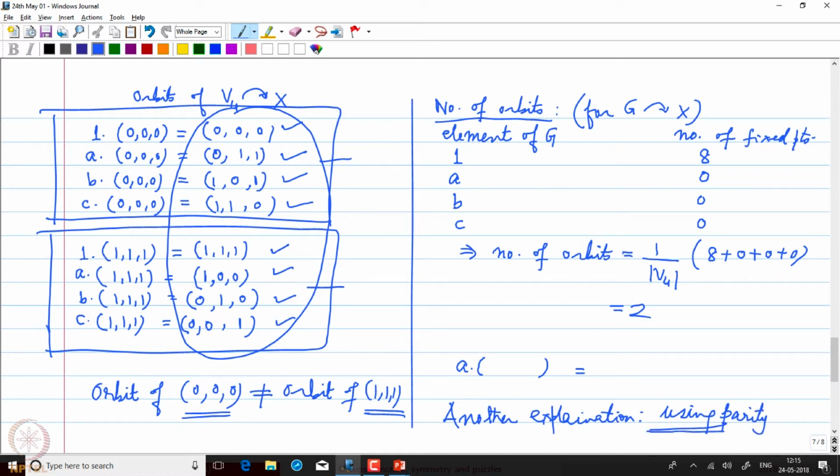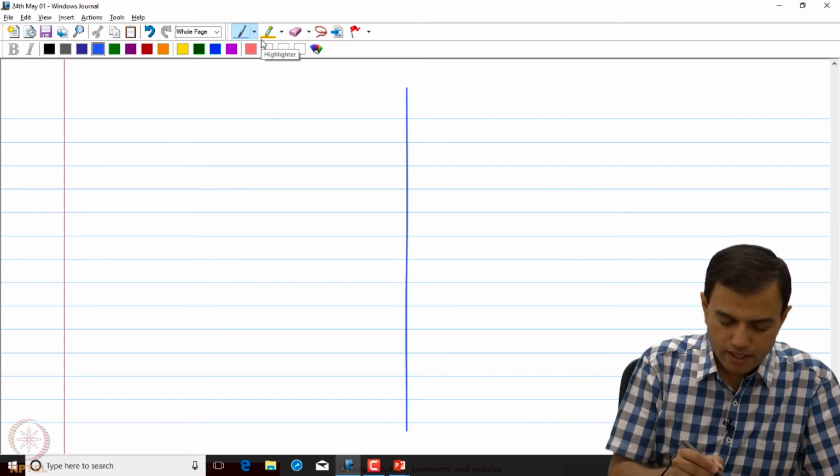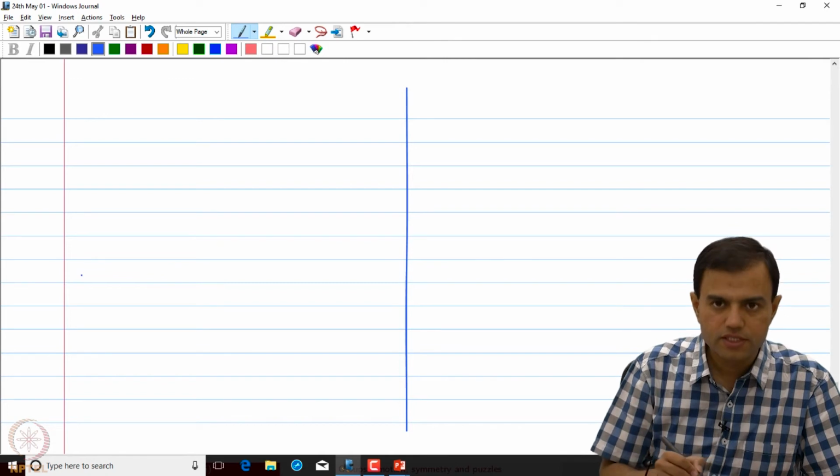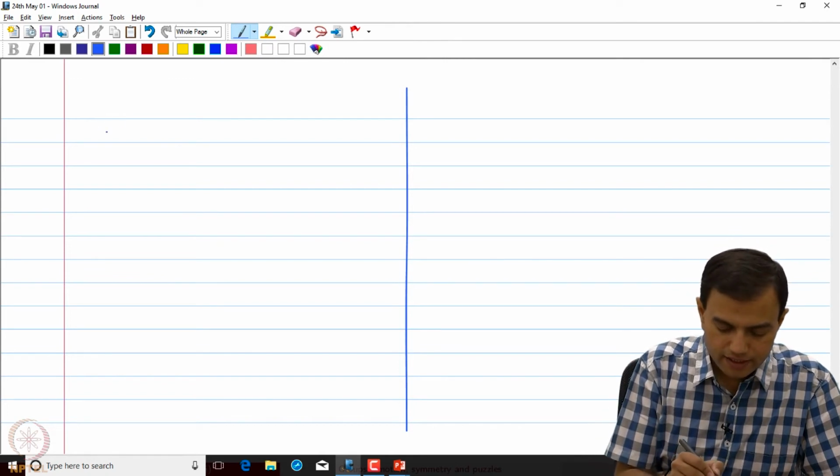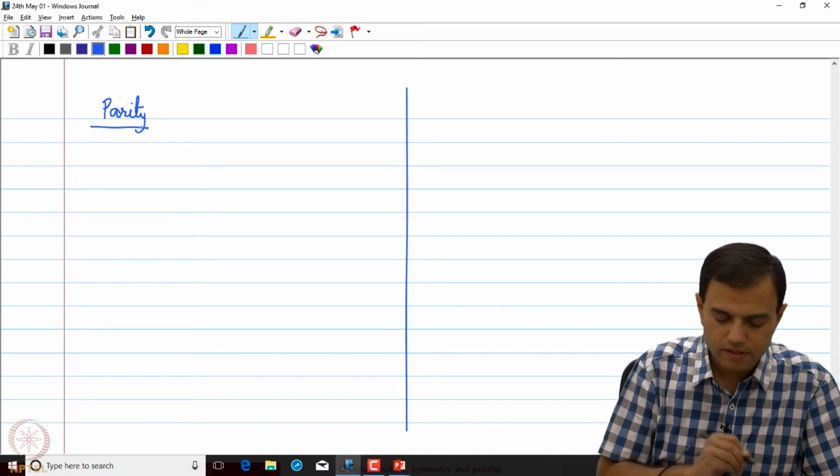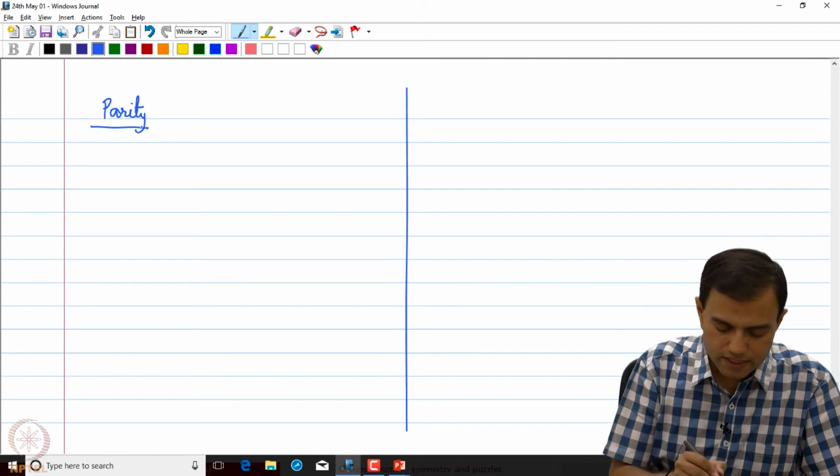So the notion of parity is something that we are going to learn. So let's see in this case what parity would mean. So here to each state I can assign parity in the following sense.